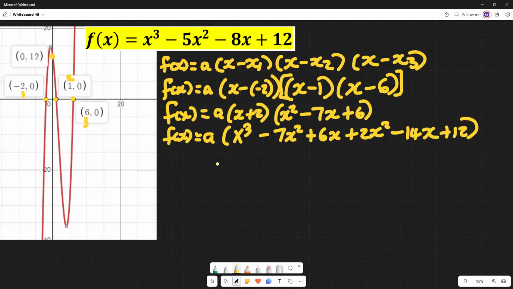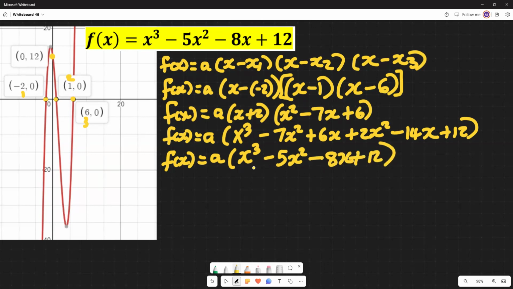Awesome. And then we can simplify inside the bracket. So it's going to be x to the power 3 minus 5x squared, and then this one and that one gives us minus 8x plus 12.